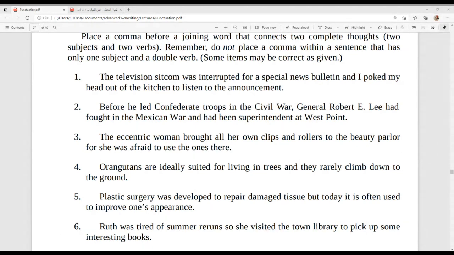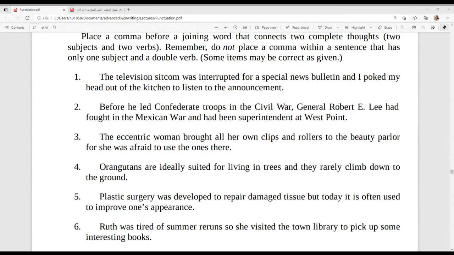Orangutans are ideally suited for living in trees, and they rarely climb down to the ground. What do you think? We need a comma. These are two complete thoughts. This is the noun here, and this is the pronoun here.